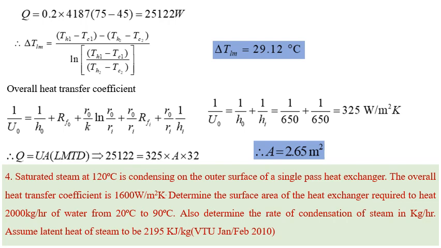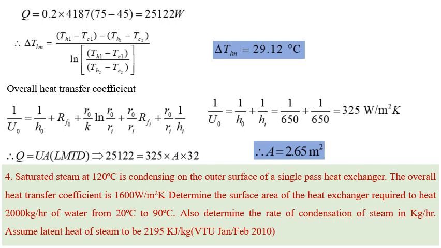This question was also given in the BTU January and February 2010 question paper. Okay, so please go through this question. They have given saturated steam at 120 degrees centigrade condensing. That means it is taking place in a condenser. This heat exchanger means condenser.